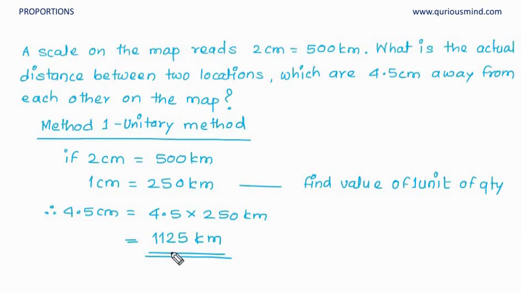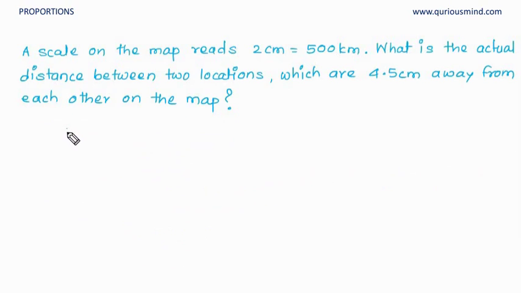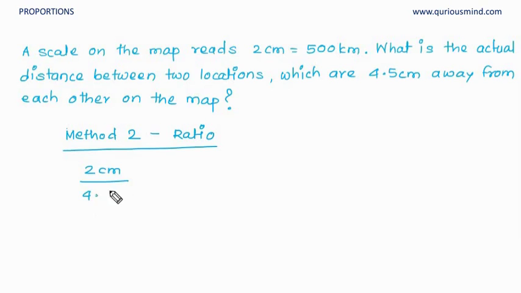Let's look at the second method. In method 2, we will make use of ratio. So here we know 2 centimeter and 4.5 centimeter. We'll find the ratio of 2 centimeter to 4.5 centimeter, and that ratio we know is in proportion.